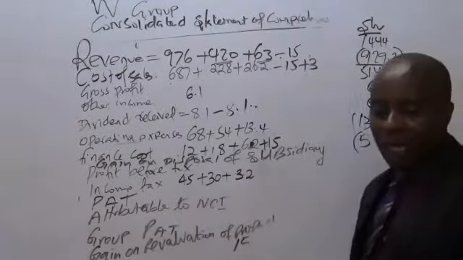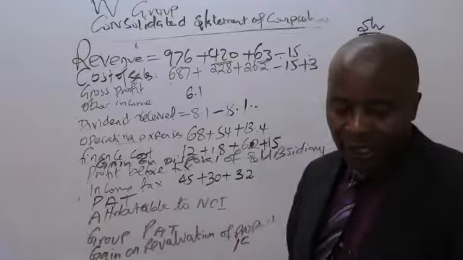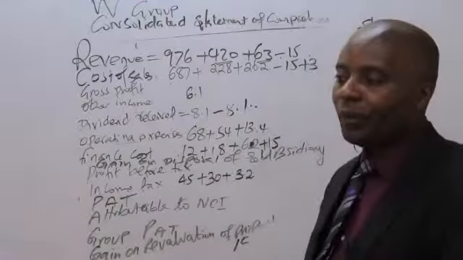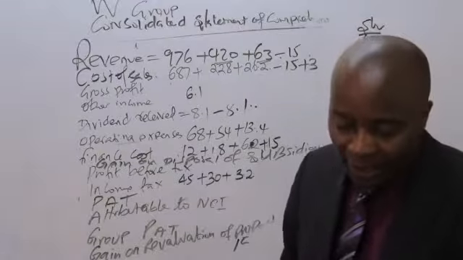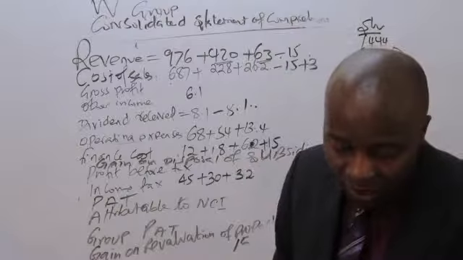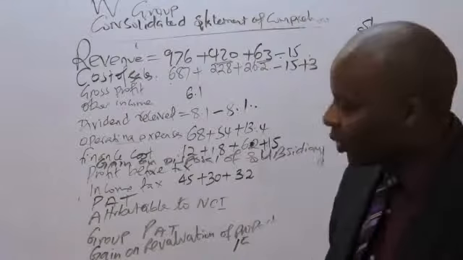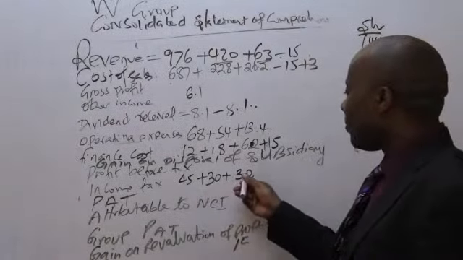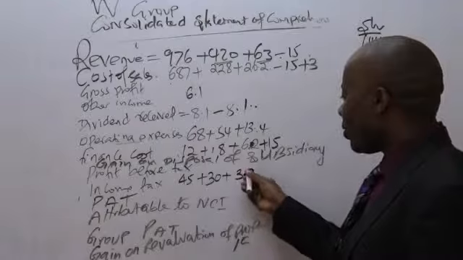Income tax inakuja ngapi? Nipatie income tax. Wanasema income tax ni 107. Income tax expense. Kumbuka ilikuwa ni 45 plus 30 plus 3.2. It's like most of you don't have this question, because you are copying my figures.